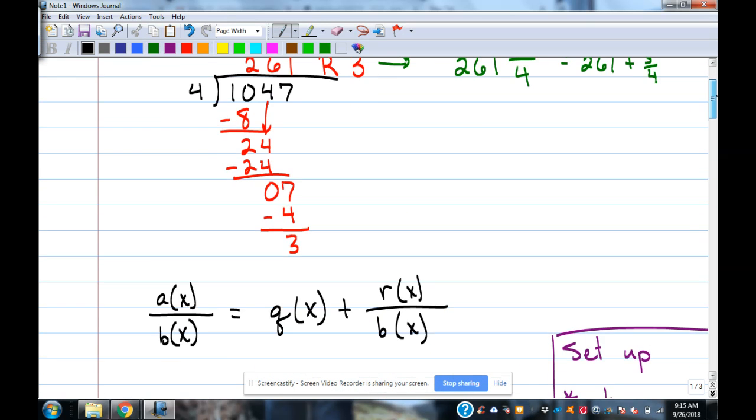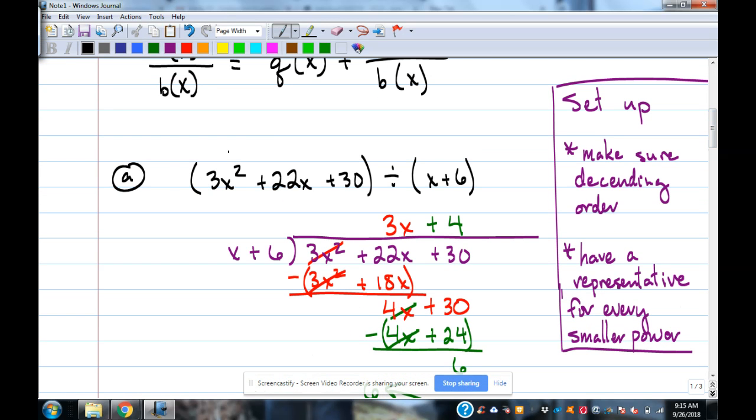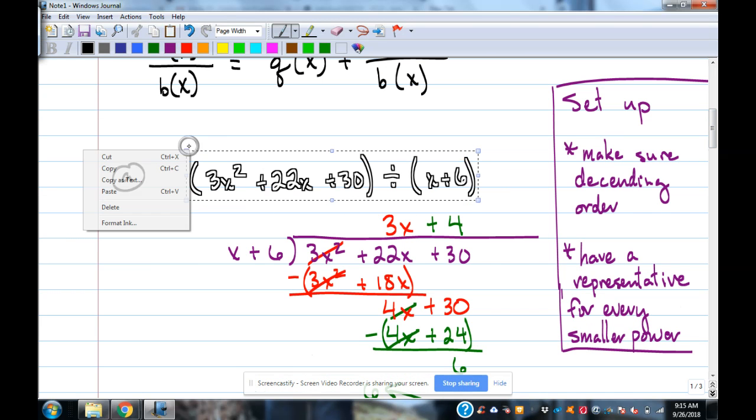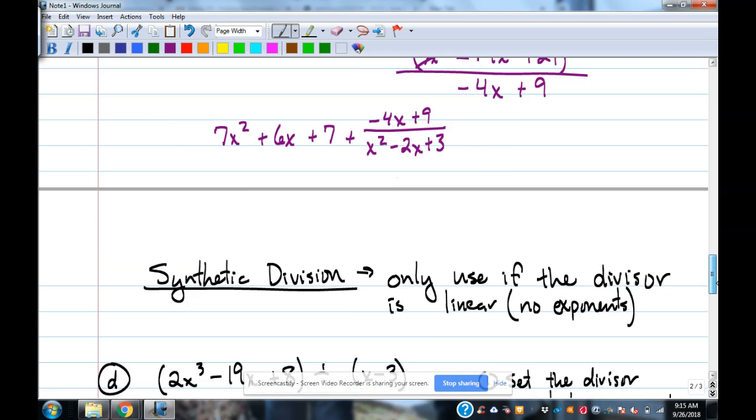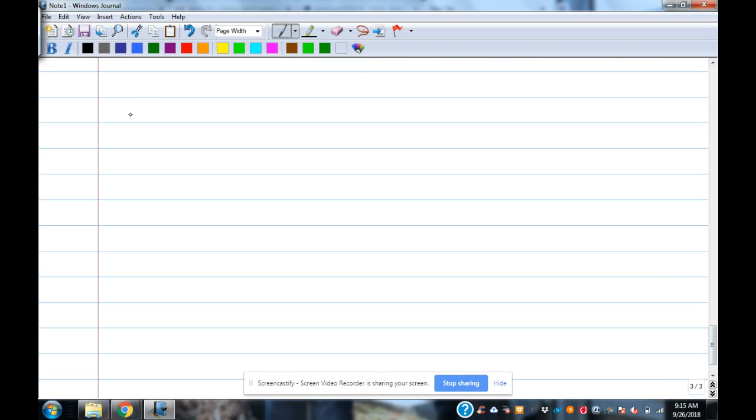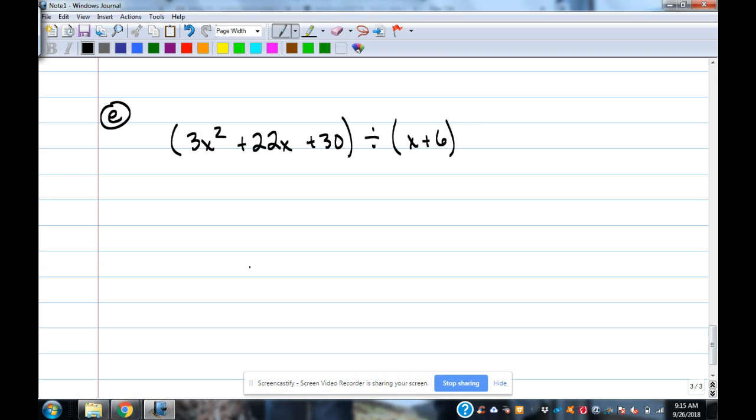Let's go back up here. I want to show you example A with synthetic division. We'll call it example E. What number goes on the shelf for this one? -6.